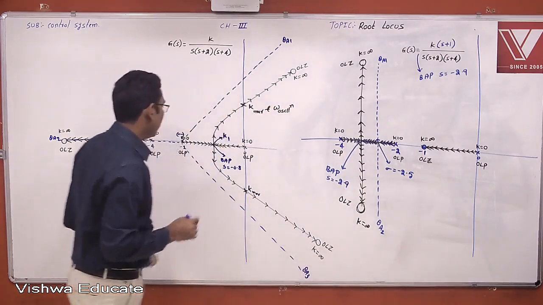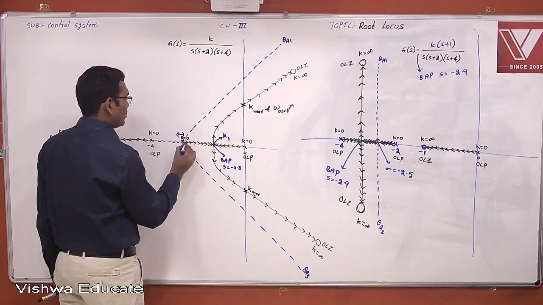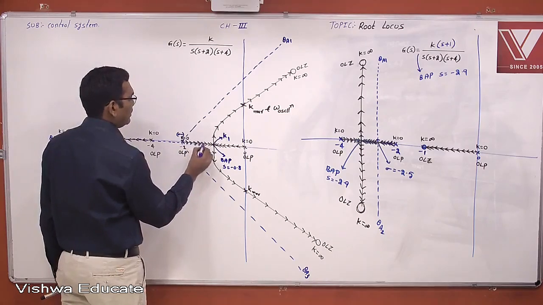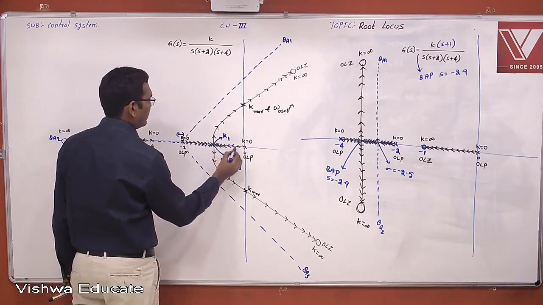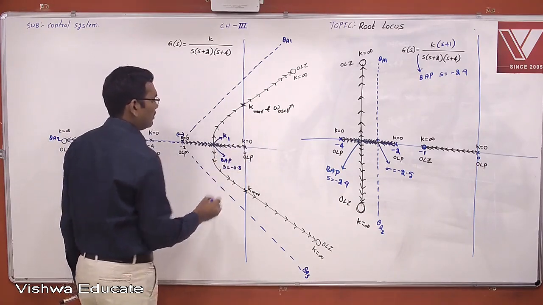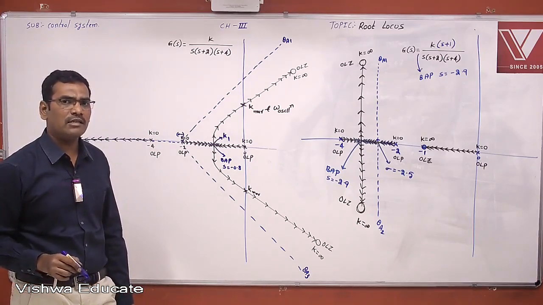Is this the correct statement, sir? That is, whether the centroid and breakaway point must lie on the root locus branch?